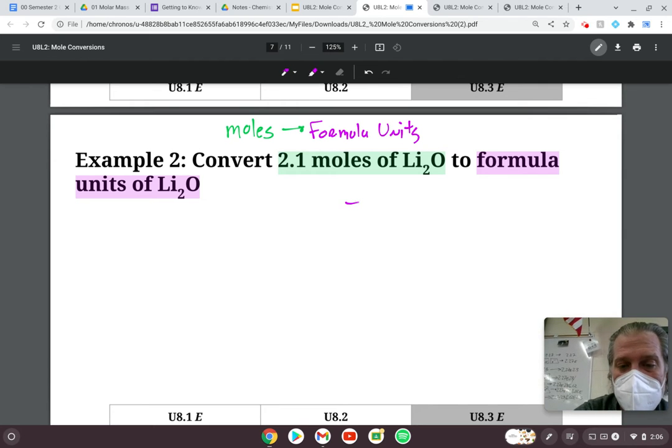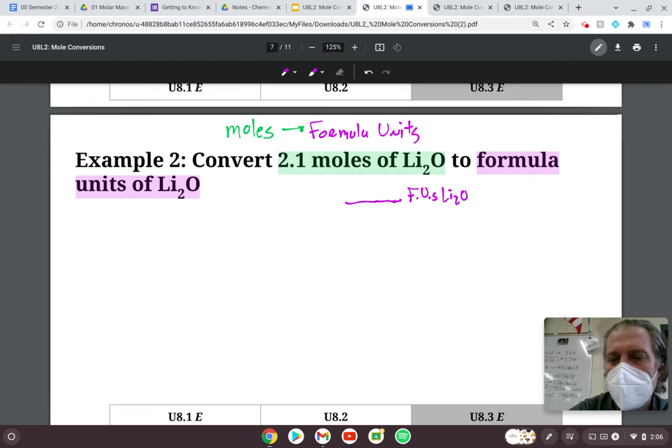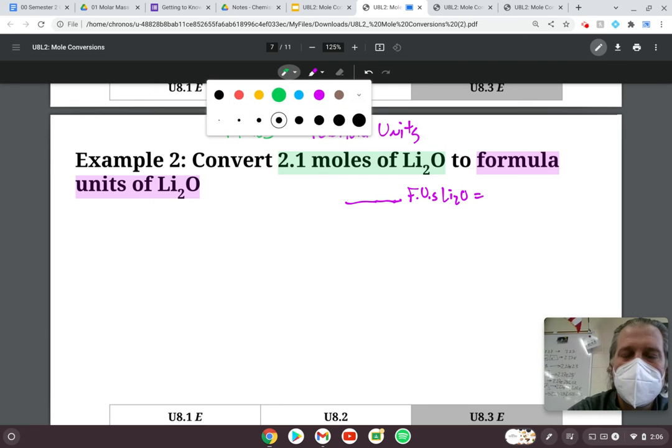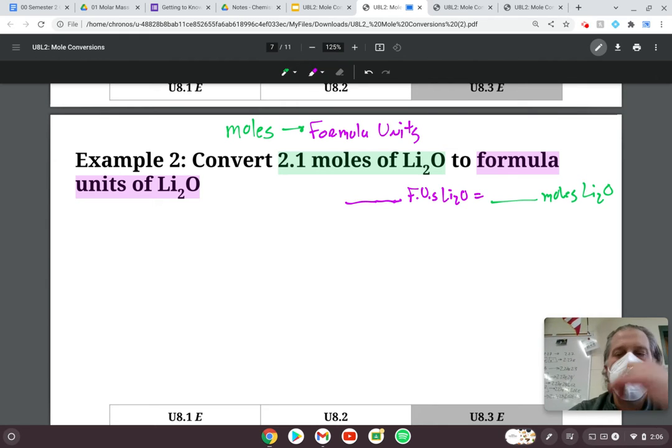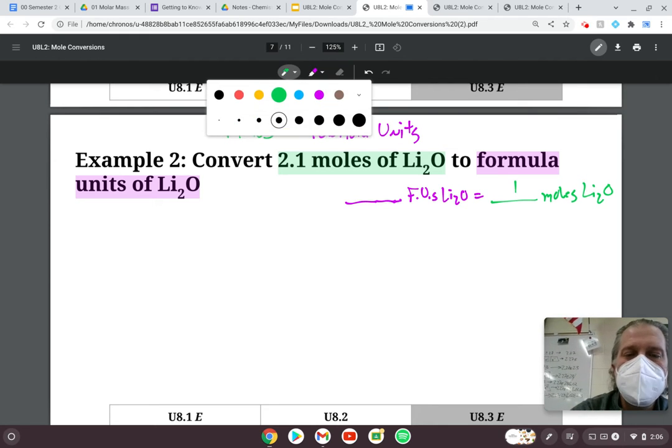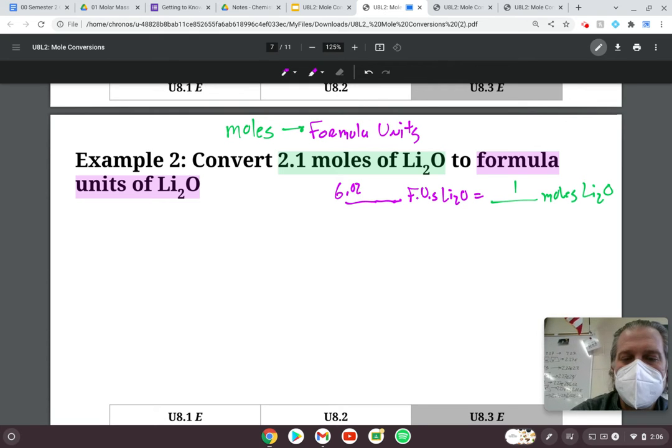So I need to figure out what makes FUs of Li2O equal to moles of Li2O. From before, we know that 1 mole of anything is equal to 6.02 times 10 to the 23rd formula units of anything. So in this case, Li2O.